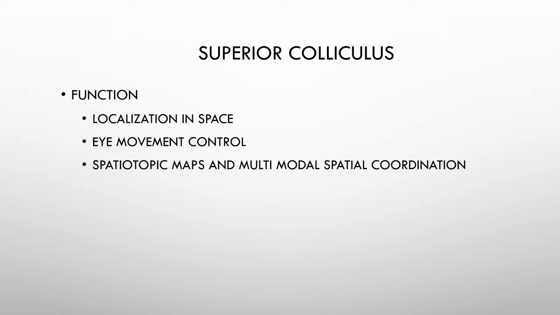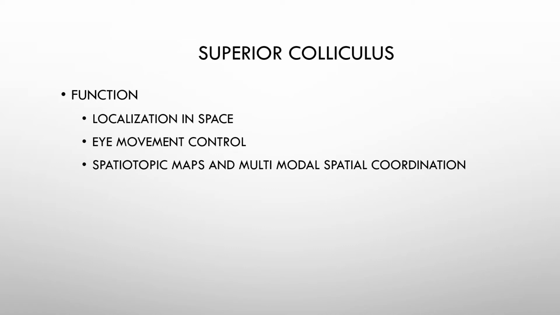So moving on to the superior colliculus, overall what it's doing is allowing for eye movement control, and so localization in space is really important. It has these spatiotopic maps, and it is receiving information from different modalities, so different senses.